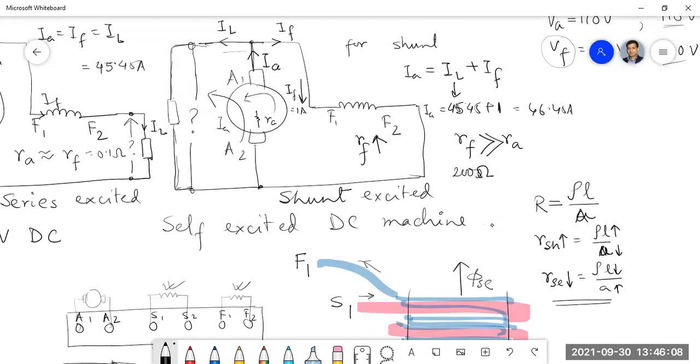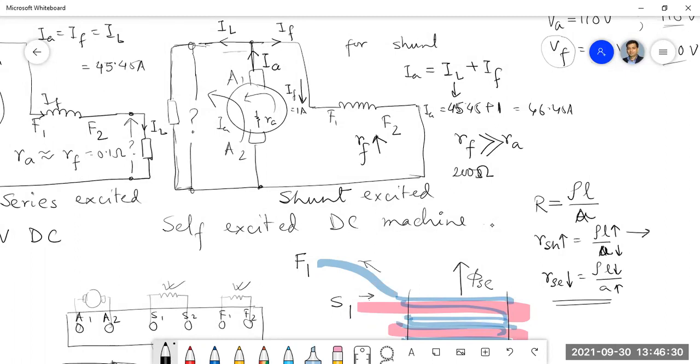Got my point? You have to make the area large anyway, otherwise that much current will not pass. The more current, the more area is needed. Anyway, the length also should be low. The length is related to the number of turns, because if the number of turns is more, then the length will be more.